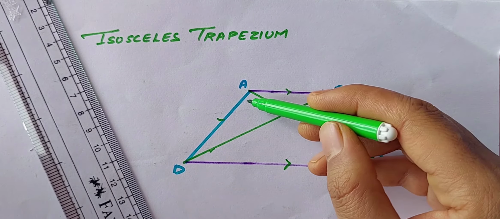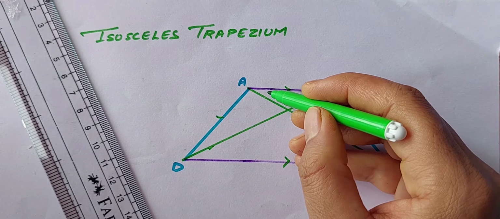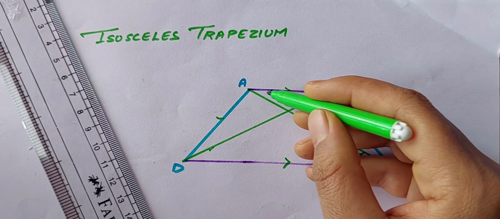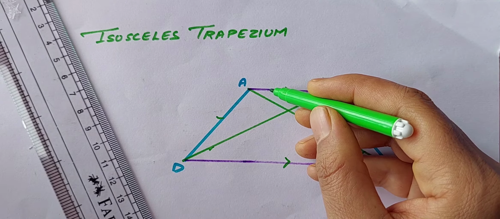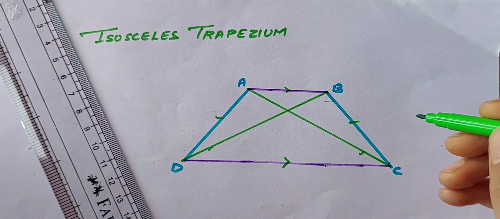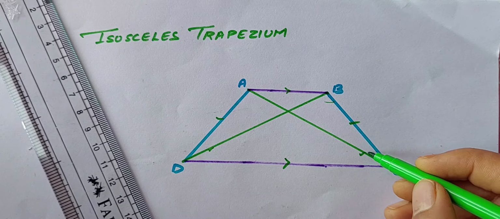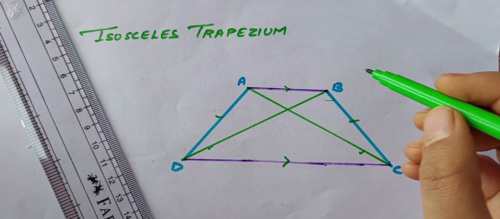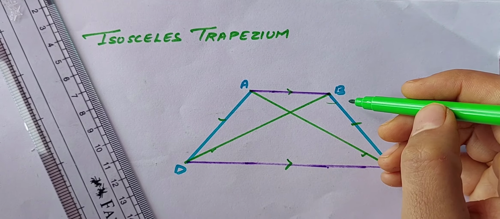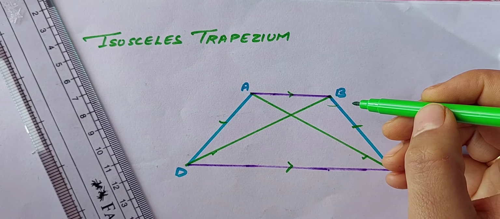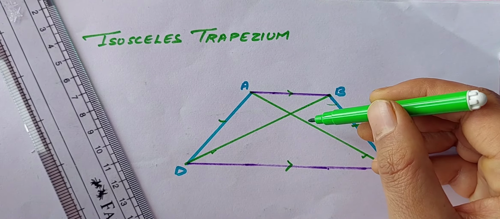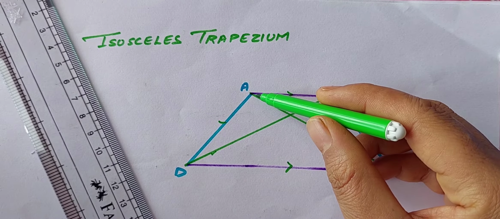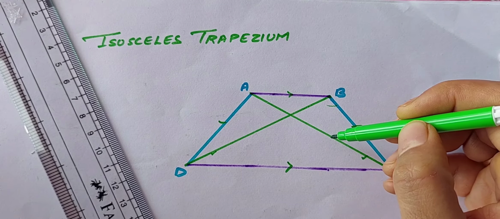Do diagonals bisect the vertex angles? See, do you find that this diagonal is bisecting angle A? No, it doesn't look so. This is very small, this is a bit big. Here also this is small, this is big, but anyway you can measure them to identify. Diagonals seem equal, diagonals do not seem to bisect the vertex angle, diagonals do not bisect each other.